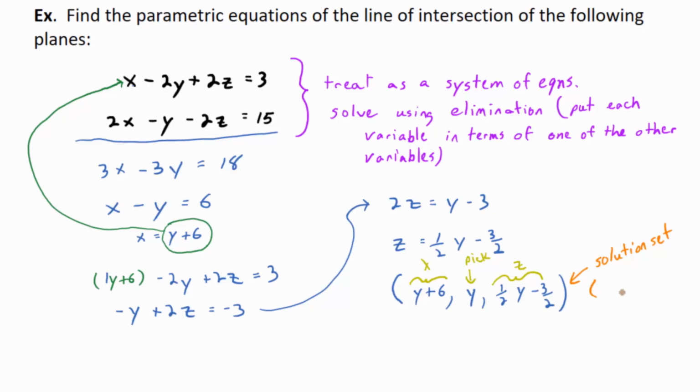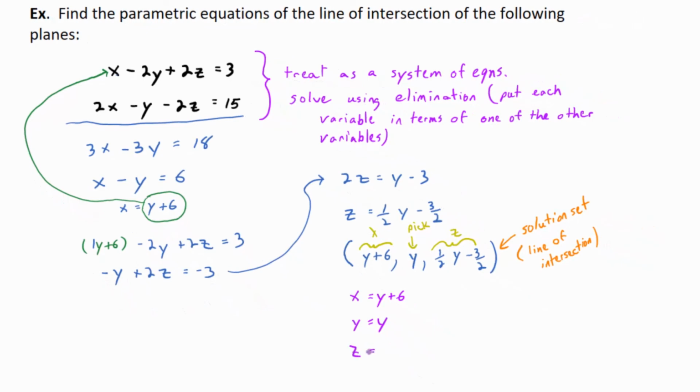So the solution set is the line of intersection, which means the solution set is x equals y plus 6, y equals y, and z equals 1/2 y minus 3/2. These are the parametric equations of that line of intersection.